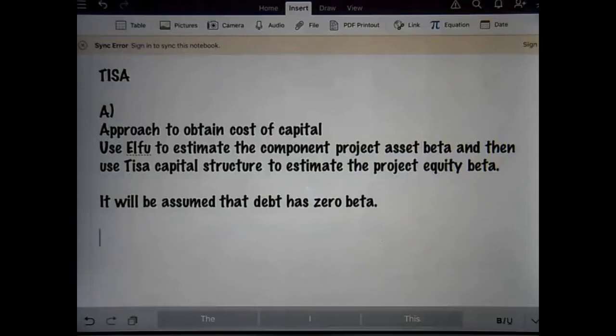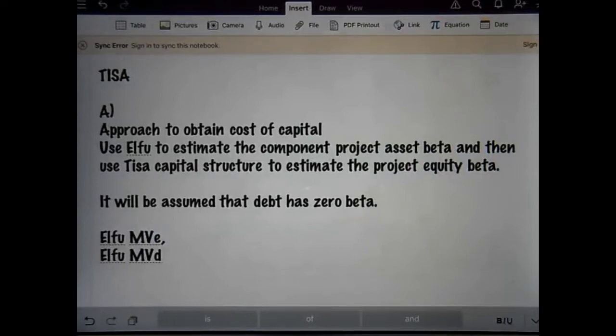Got it? So, what's going on with this company? ALFU, let's calculate ALFU market value for equity. What do you get? Market value for equity is how much?